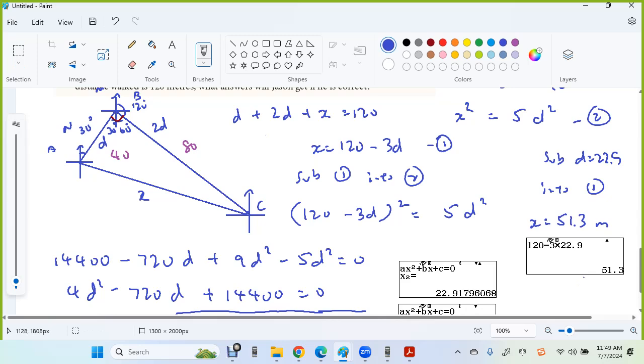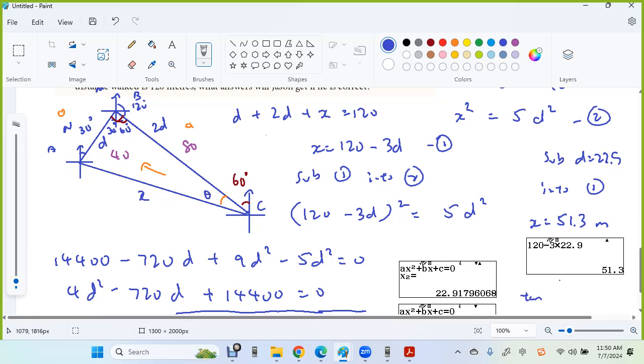And we want to find the bearing. Okay, so to find the bearing is very easy. So this is 60 degrees here, so this one is also 60 degrees, and then for this one, this is the opposite and adjacent. So with opposite and adjacent, we have the tangent.